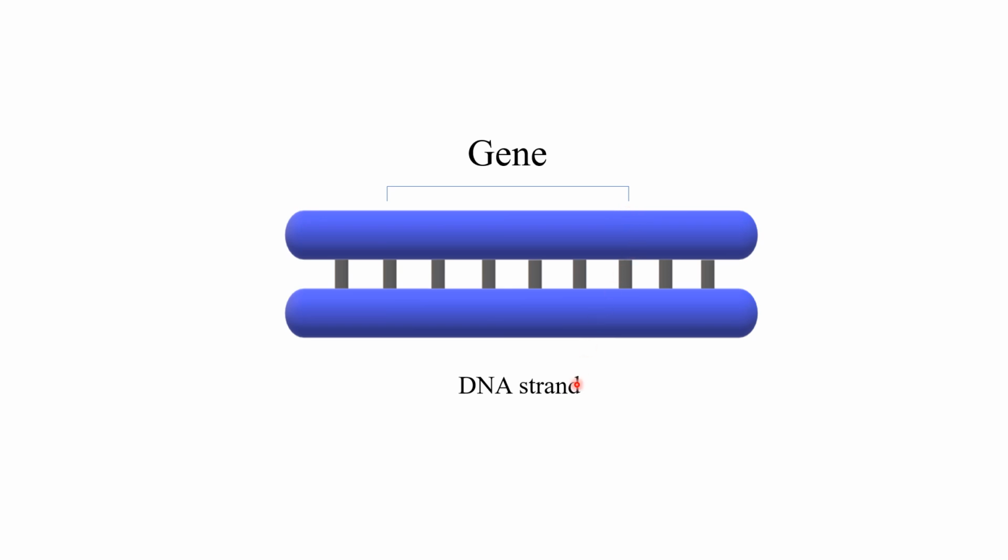So basically, a longer strand of DNA is composed of small portions of base pairs which make up a gene, and these genes store the biological information of a certain organism. The position where a gene is present on a DNA strand is known as its locus.